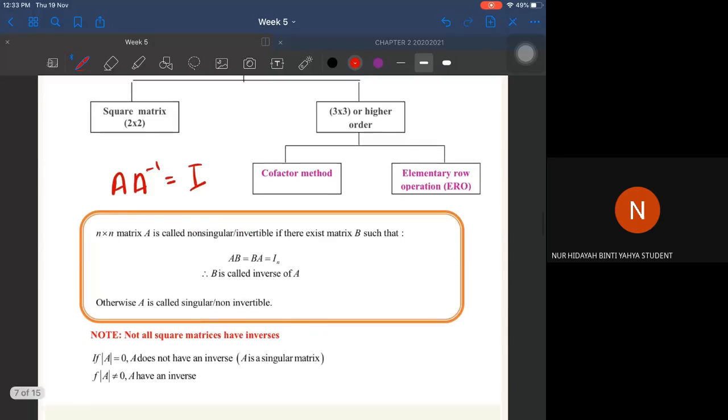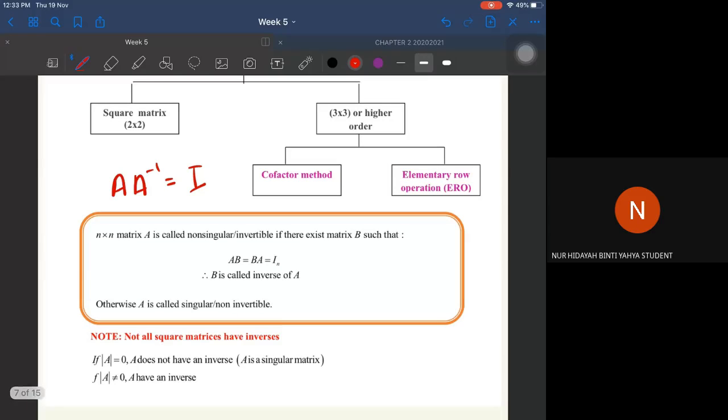Okay, so kalau tak, matrix A tu kita panggil singular matrix lah or non-invertible. Okay. Kalau wujudnya inverse matrix, if you have a matrix A and you boleh cari the inverse of that matrix, so kalau you buat darab A darab A inverse, you akan dapat identity matrix. So tu konsepnya. Okay.